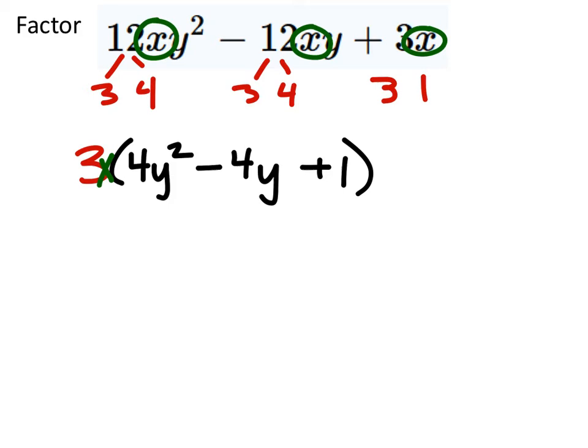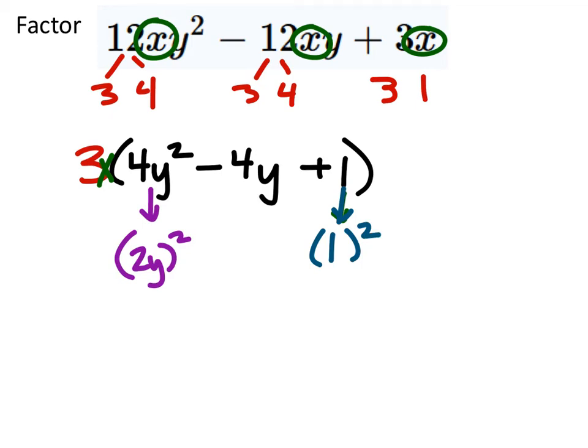Well, now when I look at the two ends there, 4 is a perfect square, and 1 also is a perfect square. This ends up being 2y squared, and then 1 breaks down, I use a different color, into 1 squared.